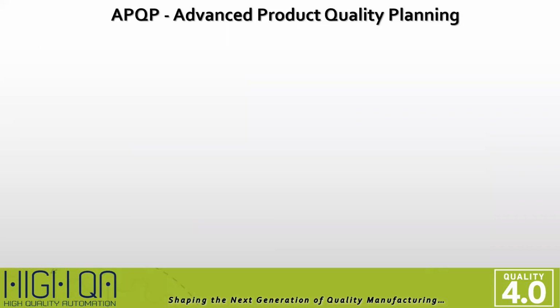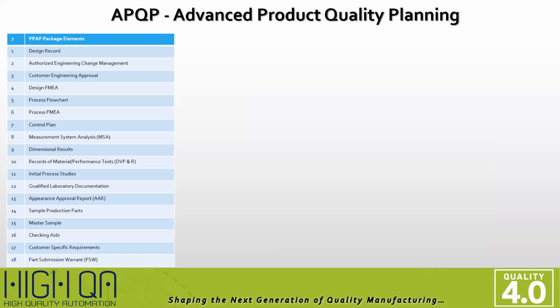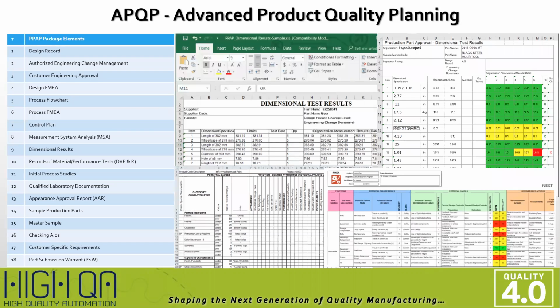Another, maybe last, example that I would like to talk to you about here is APQP. And 99.9% of the industry is using Excel for APQP. For the people that are not really familiar with it, APQP comes from the automotive industry and stands for Advanced Product Quality Planning. This is the Bible of this industry, and it started to be adopted by medical recently and aerospace also in the future.